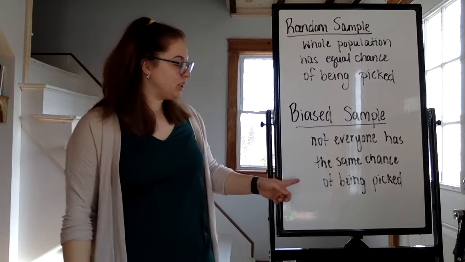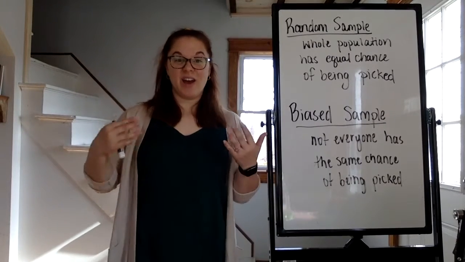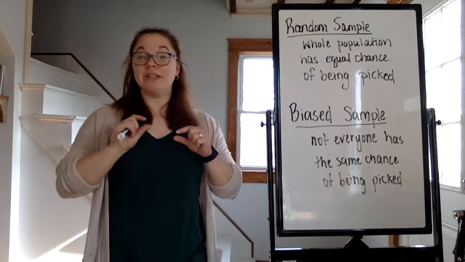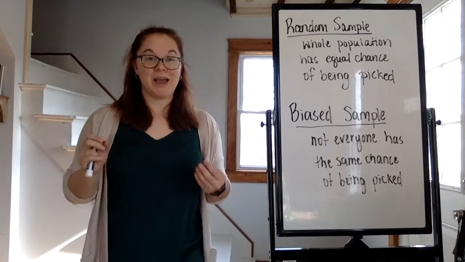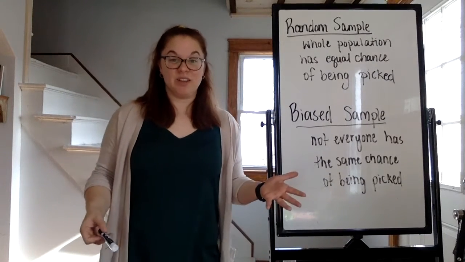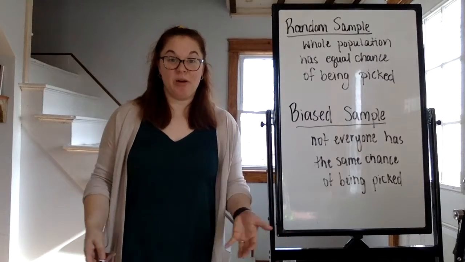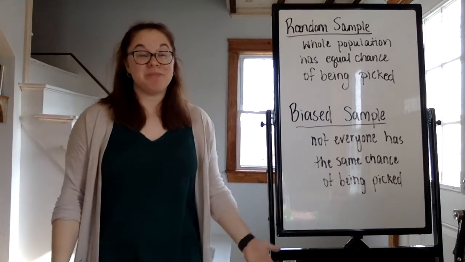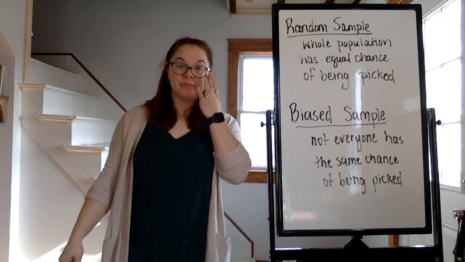Not everyone has the same chance of being picked, right? If I were trying out for the basketball team, I would have a really low chance of being picked because I'm not good at basketball. People who are better at basketball, like Mr. Arnold, if Mr. Arnold was better at basketball, he'd have a higher chance of being picked than I would.